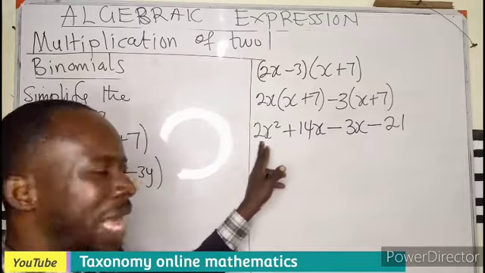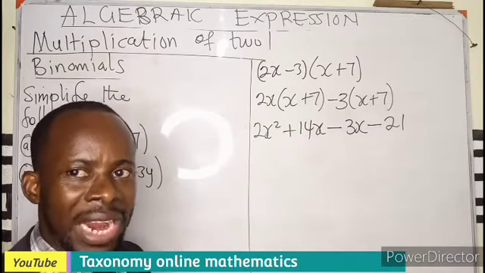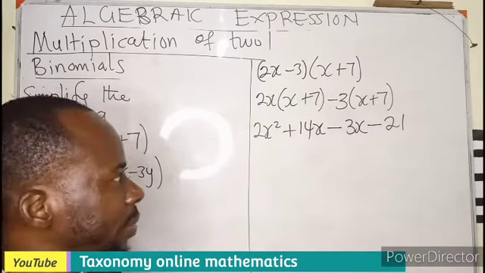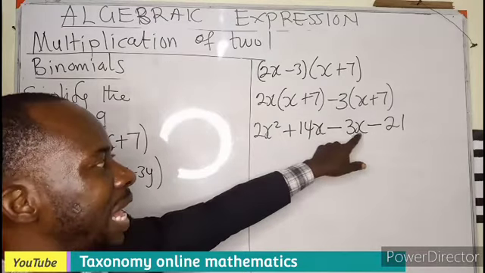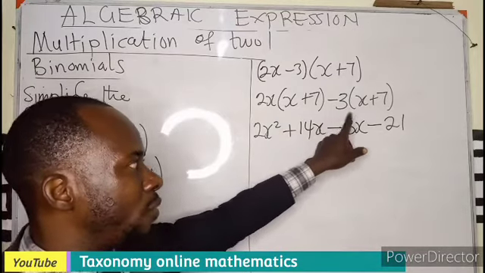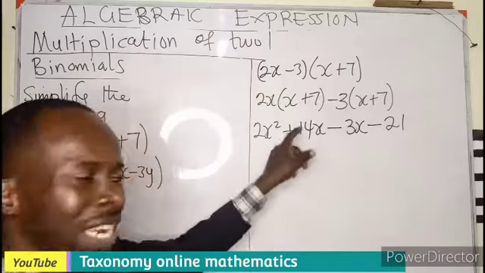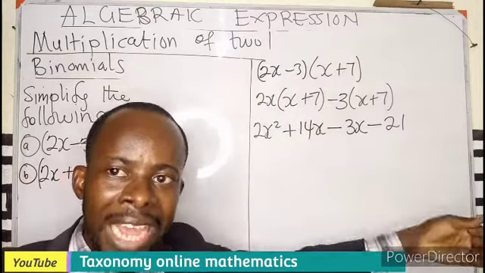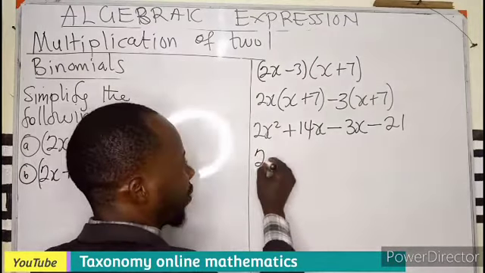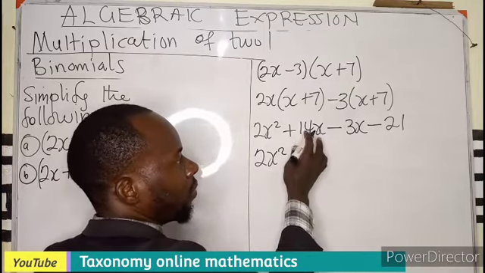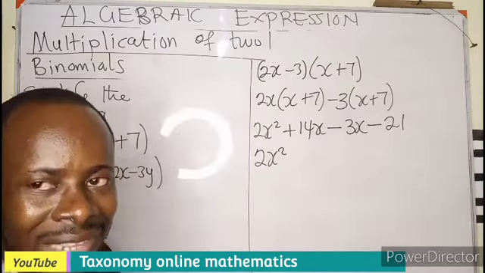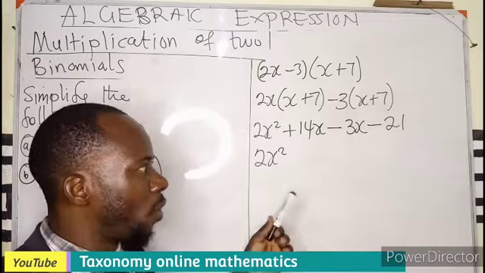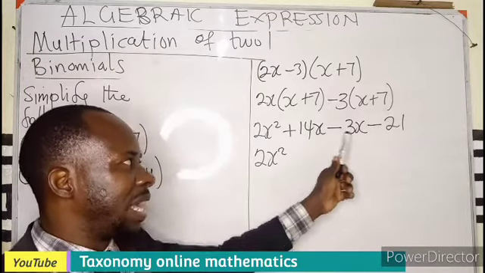So we have our 4 terms before we check whether there is a like term to be simplified. X to the power of 2, power of 1, power of 1. So this in the middle becomes a like term. So that gives us 2x, 14 minus 3. This is just a branding.